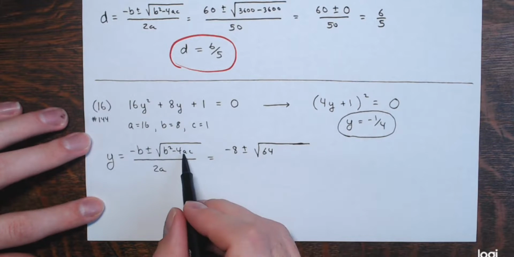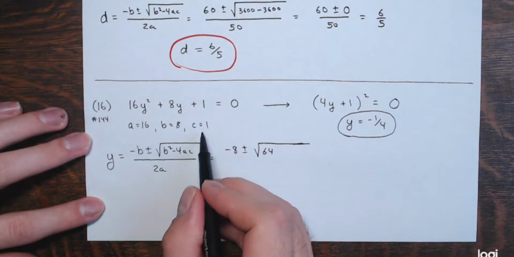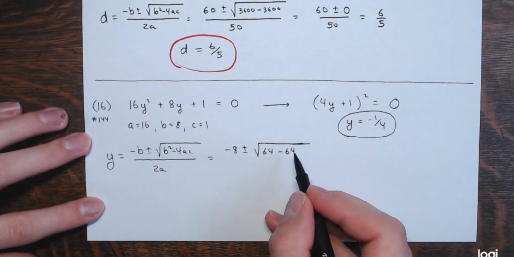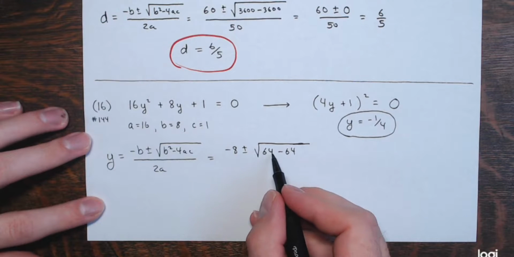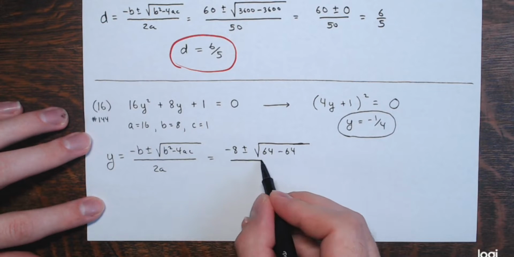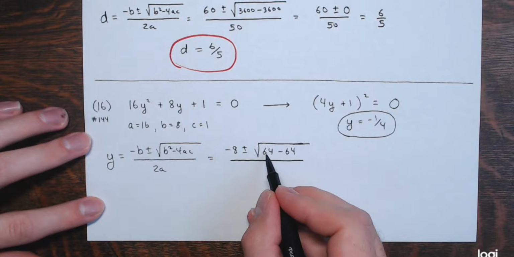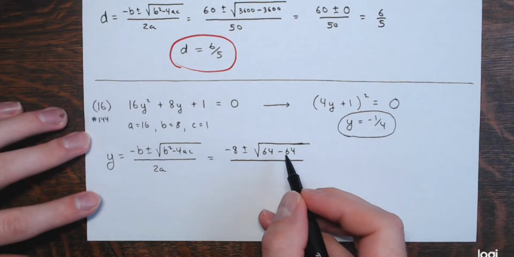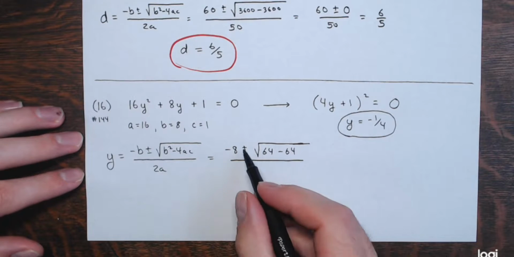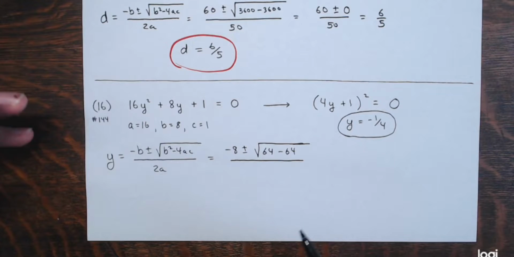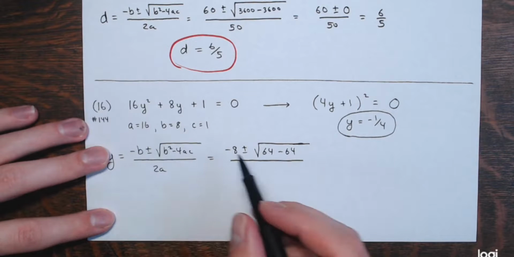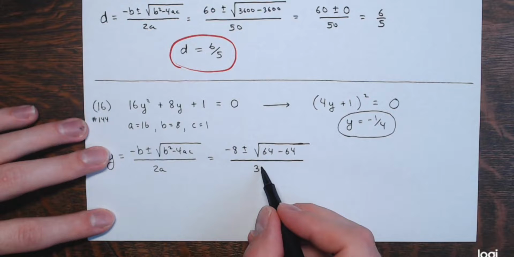And then negative 4ac, well, negative 4 times 16 is negative 64, times 1 is negative 64. And look at that, again, we have 0 inside the square root. And you'll see if we have 0 inside the square root, there's only one solution, because adding 0 and subtracting 0 doesn't change anything. And then 2 times 16 is 32 in the bottom.